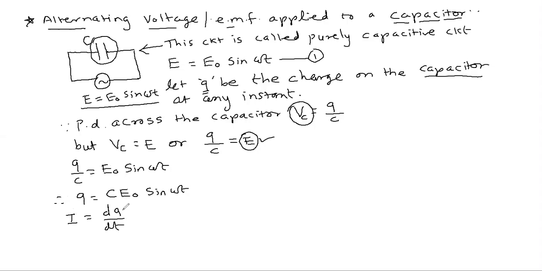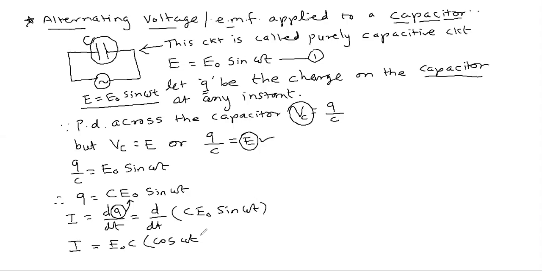Therefore, putting the value of Q, you get d by dt of C into E naught sine of omega t. Or I is equal to E naught C into the derivative of sine of omega t, which is cos of omega t into omega.